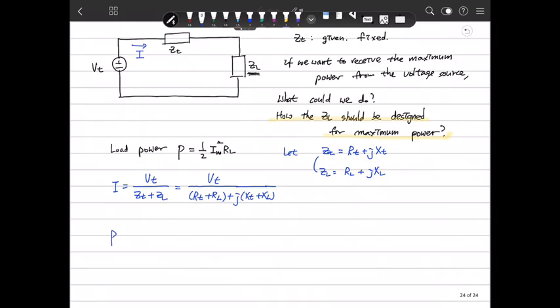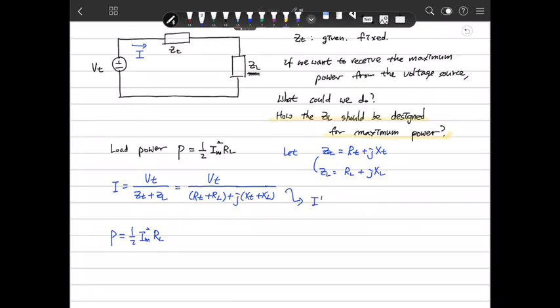Then we calculate power again, half magnitude of current square and RL. Now from here we can calculate the current magnitude. How can we do that?